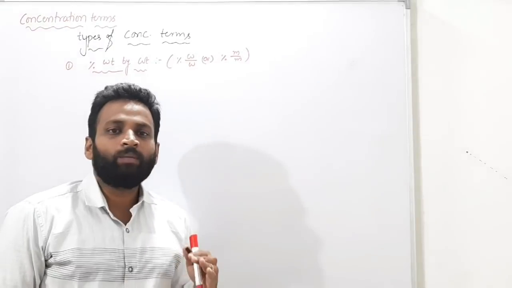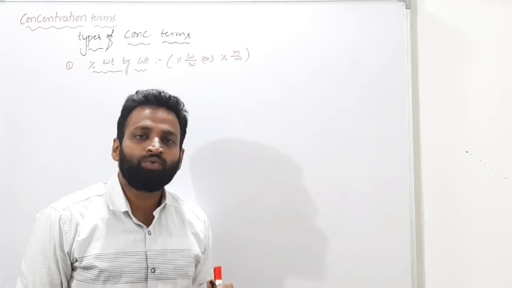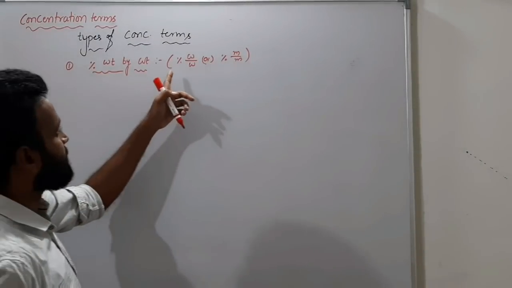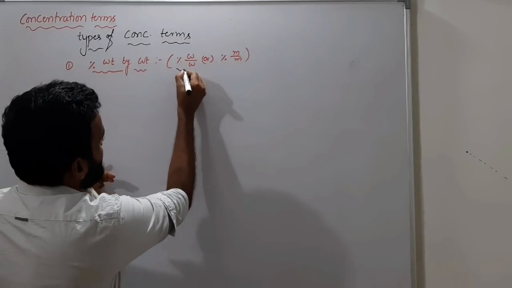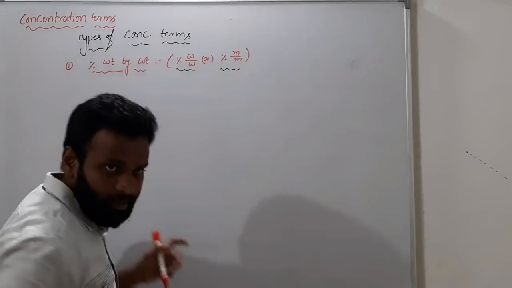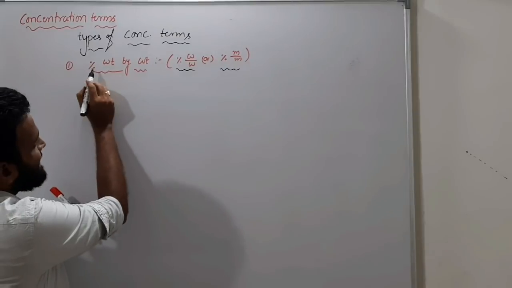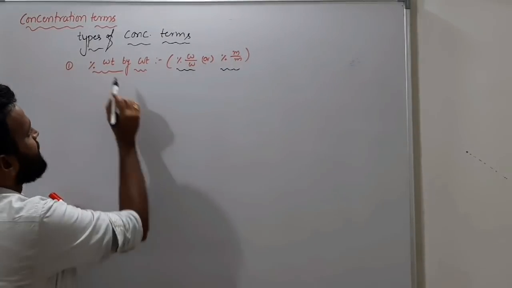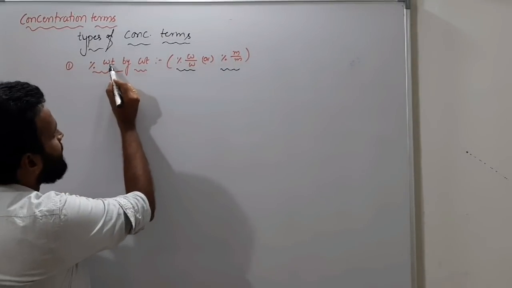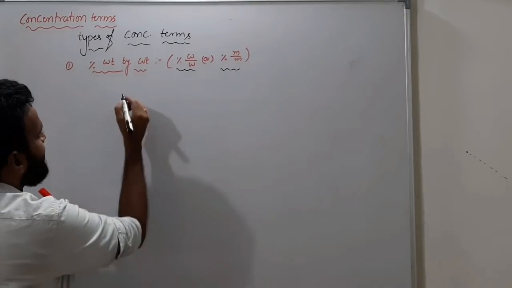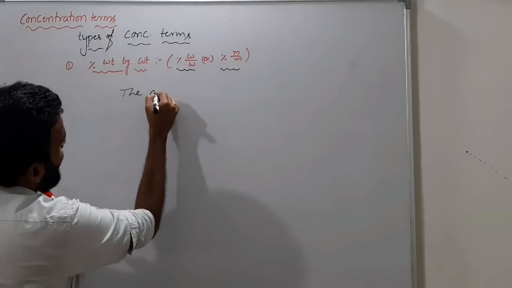Listen carefully. Based on this, we have to do some numericals also. So percentage weight by weight, we can represent as percentage W by W or percentage M by M. In its name we have some information.